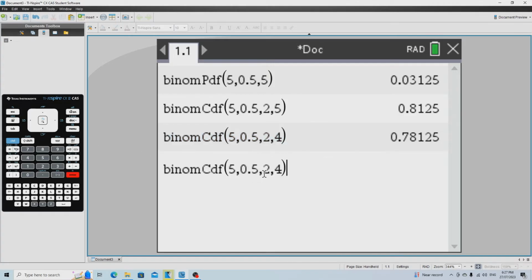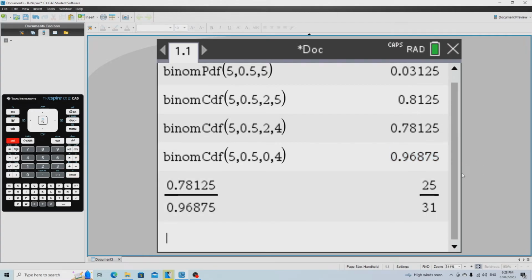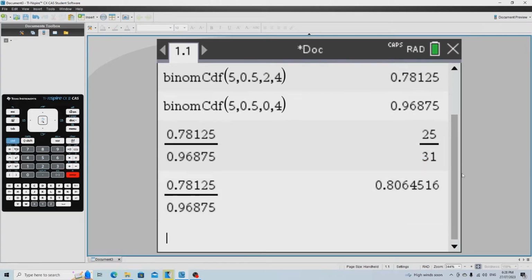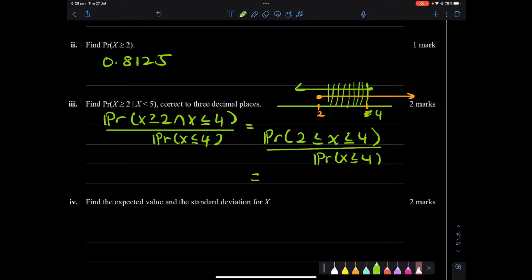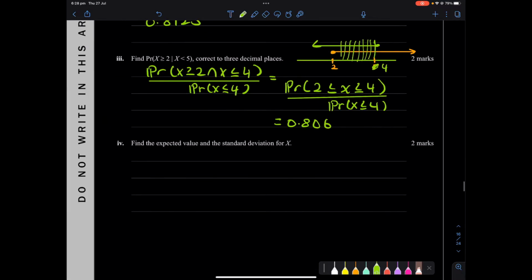And then the next one is where we're saying the probability is less than or equal to 4, so the lowest bound we can go is 0. Now we just have to divide them. So this value over this value, we get 0.8. So to 3 decimal places, that'll be 0.806.